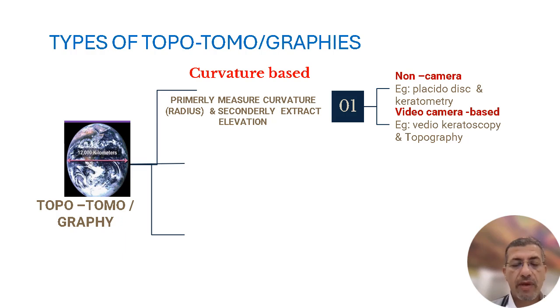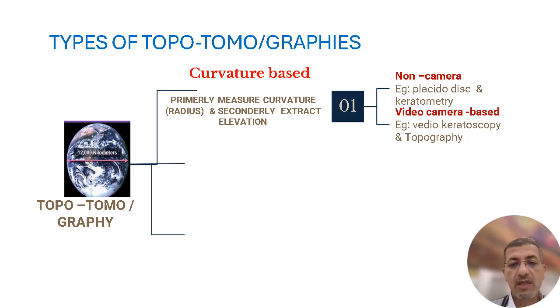This type also evolved from using the Placido disc without a camera, like the Placido disc and keratometry, and after they incorporated the use of a camera, initially as photokeratoscopy, then with a video camera, it became video keratoscopy and topography.